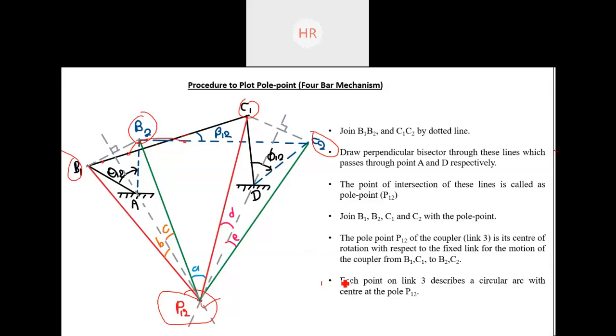That is what it is saying. But the main thing to concentrate on here is how to locate the pole points. Simply, you have to connect these initial and final positions and take perpendicular bisectors, so at the intersection you get a pole point.